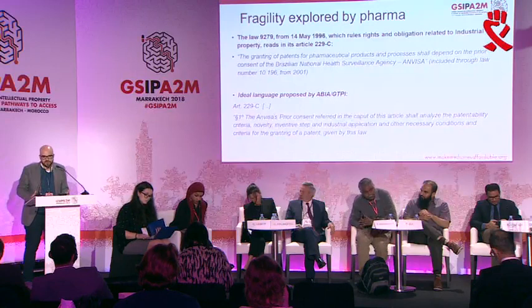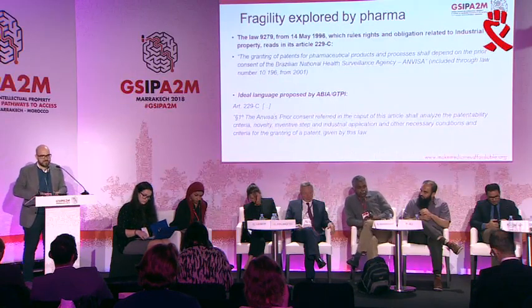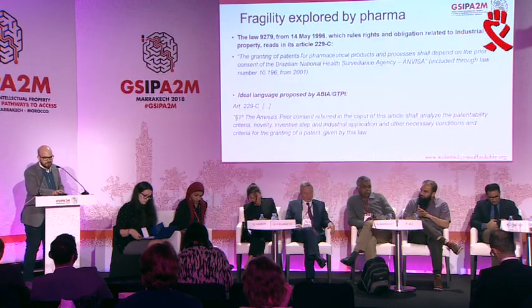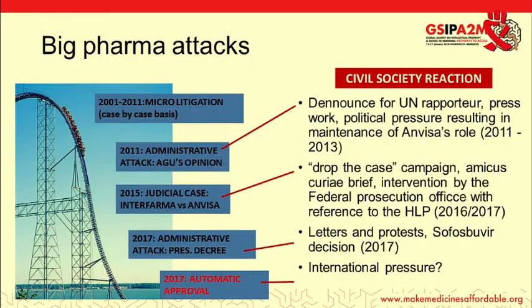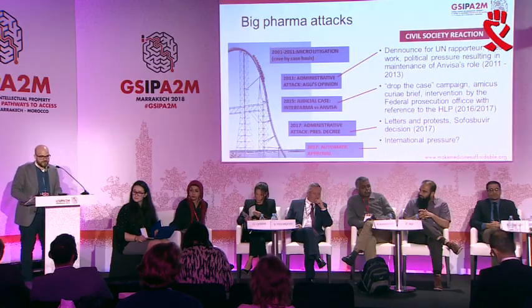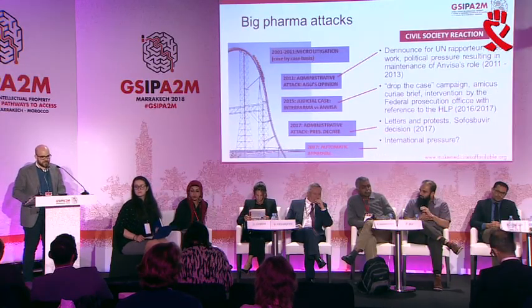So this leaves no doubt that the patentability criteria should be examined. And this lack of clarity that the Anvisa should examine the patentability criteria was really the Achilles heel of the Anvisa's prior consent.